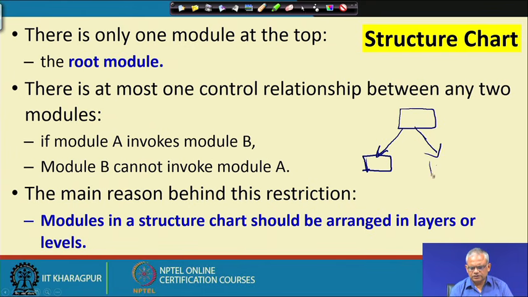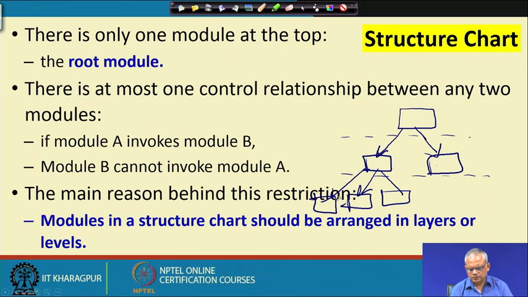It is a tree like structure. These are arranged in levels. But then we do not have a lower level module calling a higher level module. We do not have this kind of arrow here.